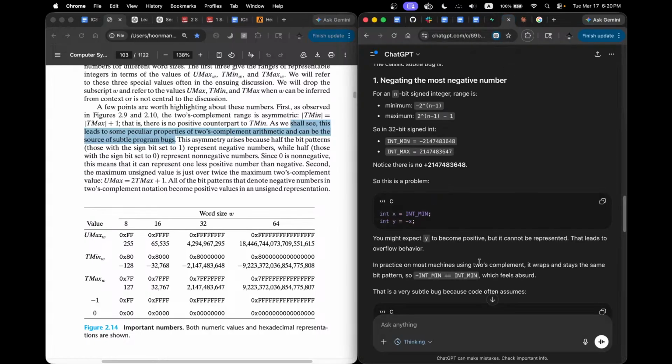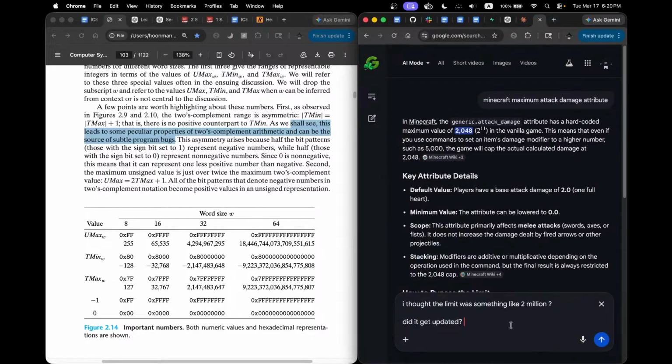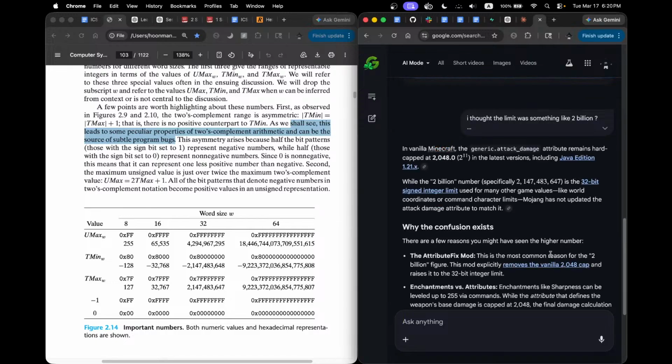Wait, the number we see here, is that 2 billion? Yeah, that's probably 2 billion.